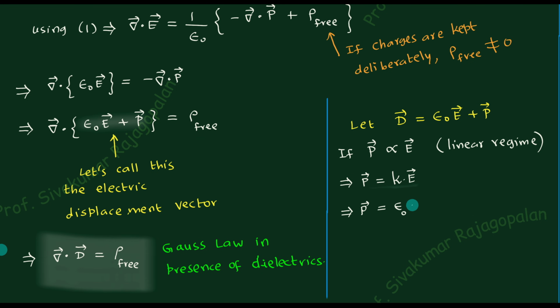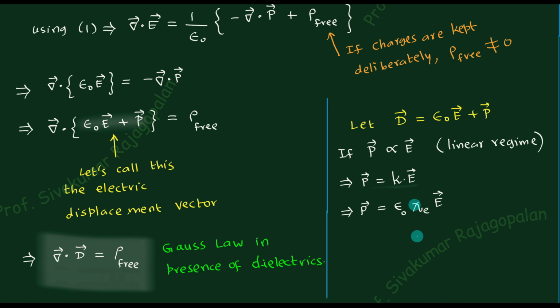So let me therefore write this in terms of two constants, where k itself is written as a product. We already know k is some number. So divide this k by epsilon naught, whatever comes, you put it as chi. That's all about it. Epsilon 0 is a very standard value for the vacuum, so let that be there.